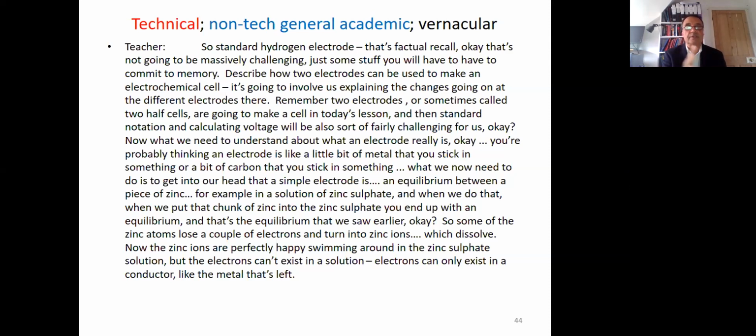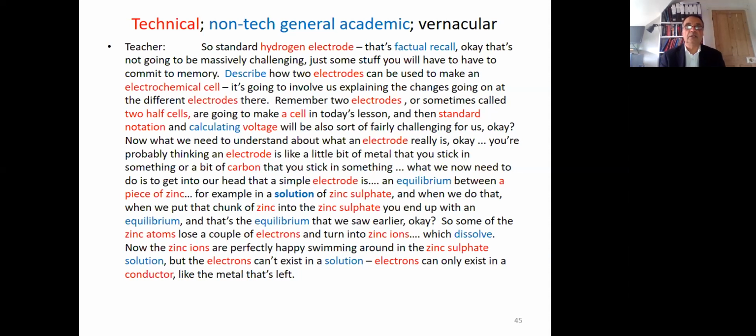You don't need to read this, but if I help you by putting it in color, you'll see that the technical vocabulary is in red, the non-technical but academic vocabulary is in blue, and then the vernacular or everyday talk is in black.